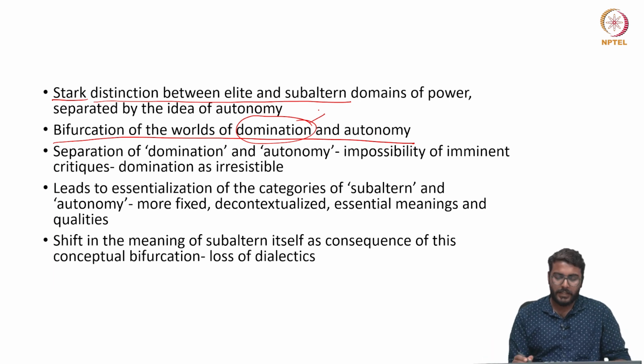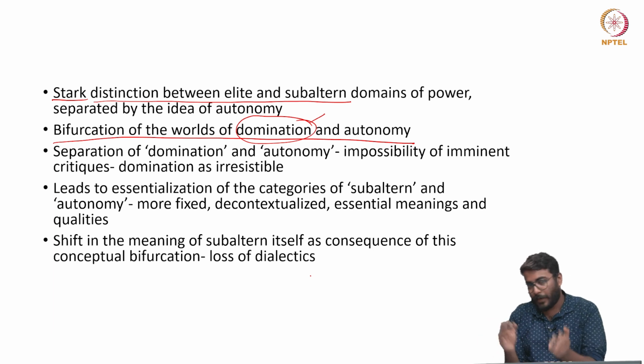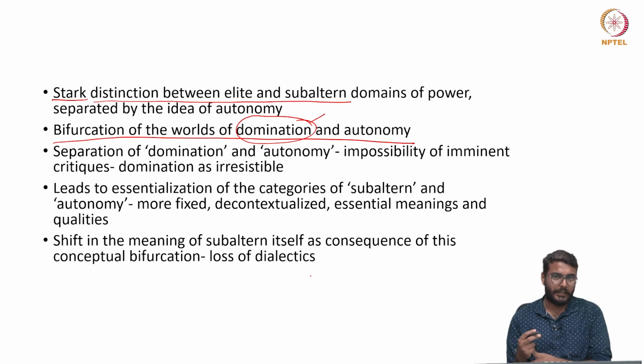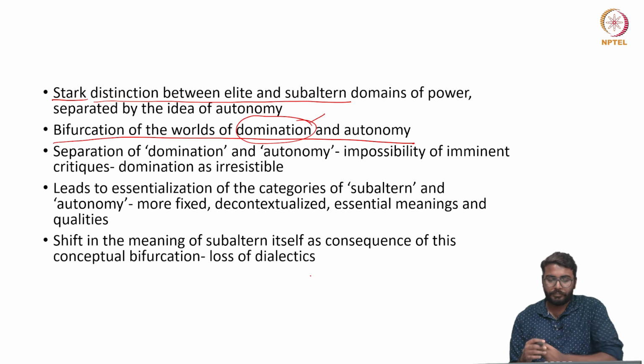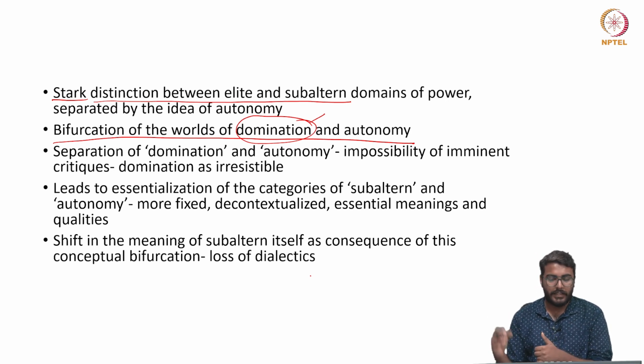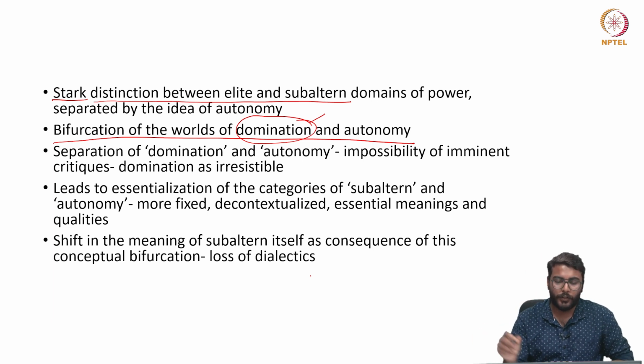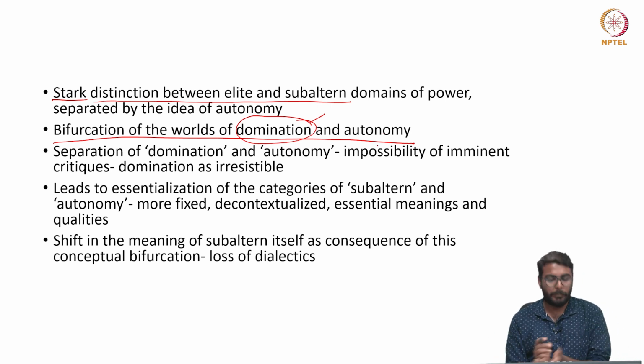And Sumit Sarkar says, over the years, he also demonstrates particular scholarship within Subaltern Studies, such as that of Gyan Prakash, who came into Subaltern Studies in the late 1980s or early 1990s, who has no regard for these earlier foundational movements such as history from below or the Gramscian project. He says, as such scholars were added to Subaltern Studies, the ideas of domination and autonomy have become completely separate.